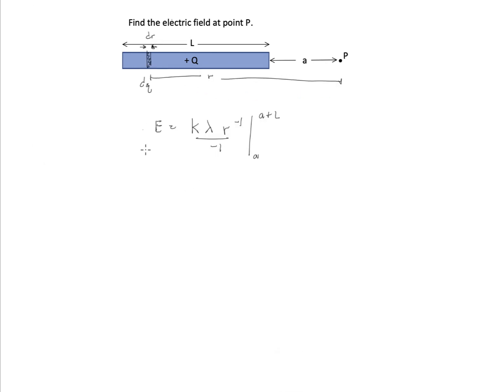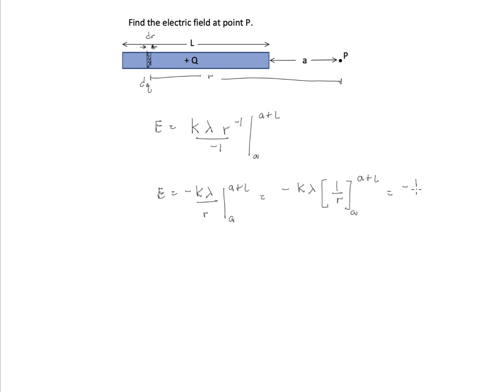Okay, so now we have a little bit more space, and this is exactly where we left off. So I can take this minus 1, put it up front, and this is minus k lambda. And r to the minus 1 is the same thing as saying divided by r. And this is again from a to a plus l. So this is just minus k lambda times 1 over r, and we want to evaluate that from a to a plus l.